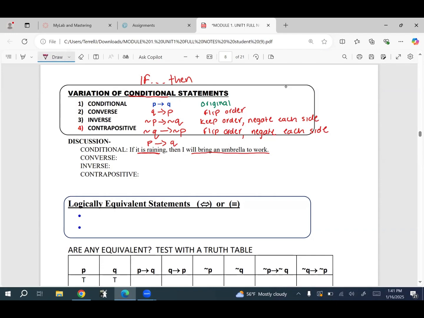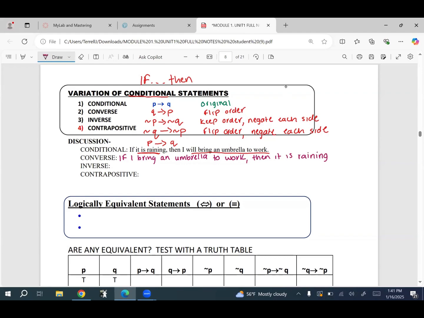You're just flipping the Q and the P. So if I bring an umbrella to work, then it is raining. So I just flipped the P and Q.